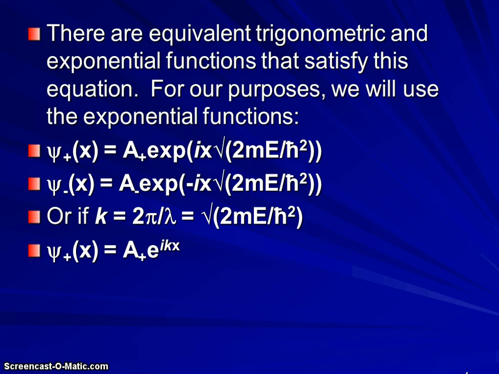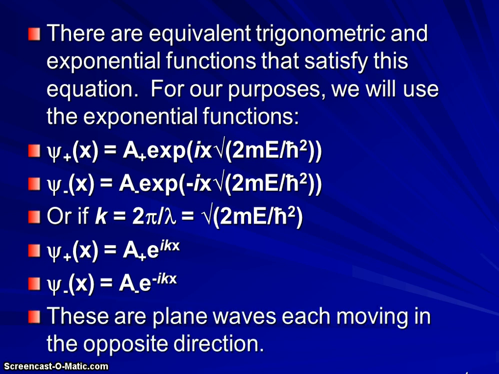So that means we have these two wave functions where k is 2 pi over lambda. And these would then be plane waves, each moving in the opposite direction from one another, and each having their own eigenvalues based on the kinds of operators that we would use on them to predict observable quantities.